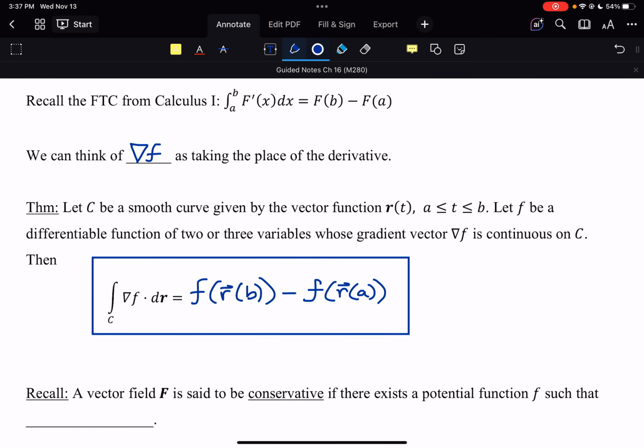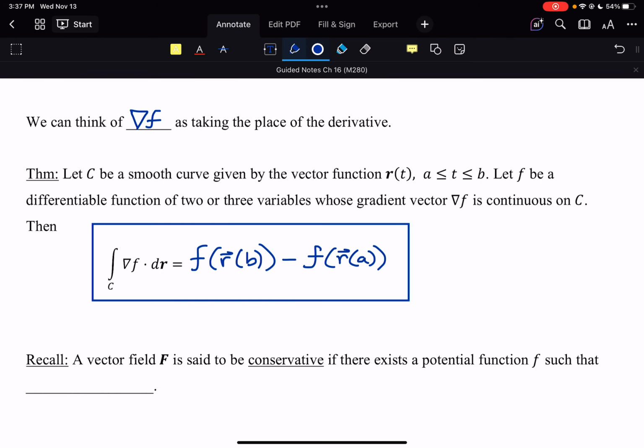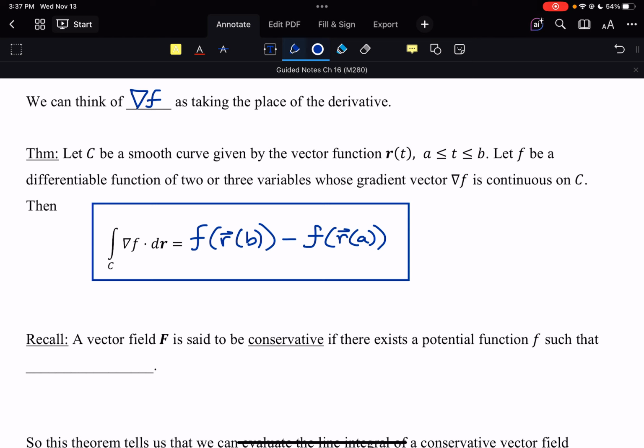The first of which is, how do we know whether or not the vector field we're working with is a gradient vector field? So recall from section 1 of this chapter, a vector field is said to be conservative if there exists a potential function little f such that the vector field is equal to the gradient of that potential function.